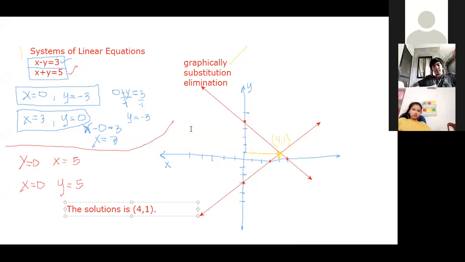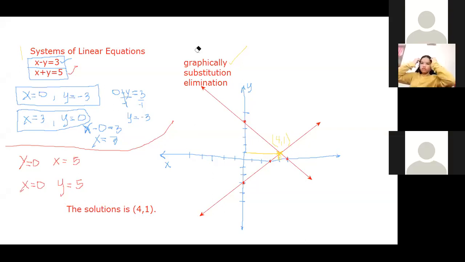Alright? Clear. So, let's proceed now to substitution. We will use the same. So, I need to delete this. Erase na ako. Take pictures. Ayan. So, the solution again is 4, 1. But we will still be using the same problem.